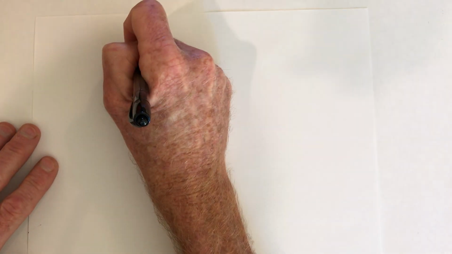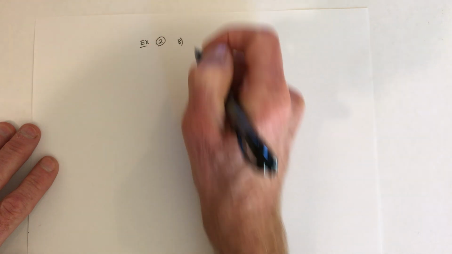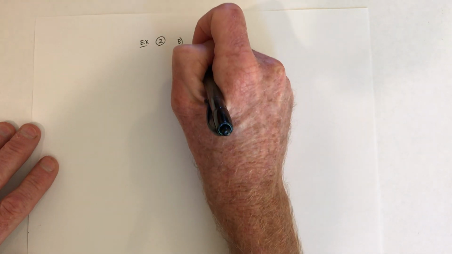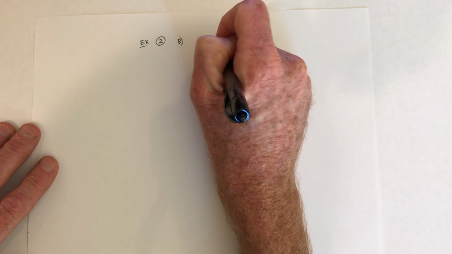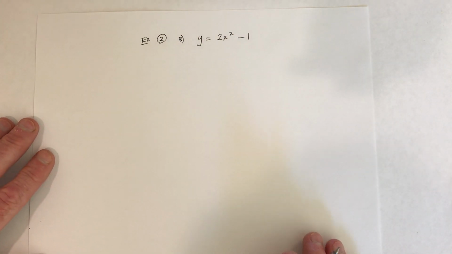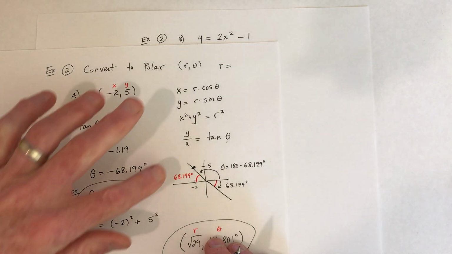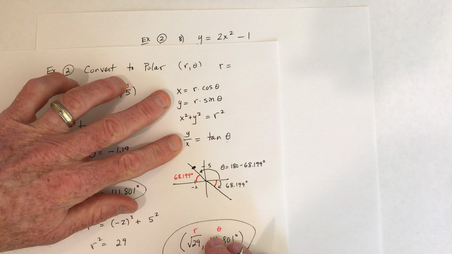Then for part B, number 2, part B, also convert to polar form. So this one is y equals 2x squared minus 1. So again, we have these formulas to work with.